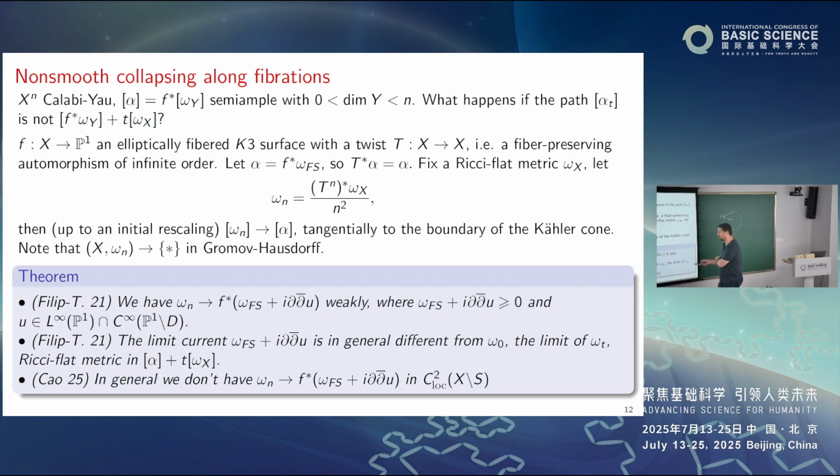So less than 2 for sure, but exactly how much we don't know. So already strange things happen even on K3 surfaces with the very friendly class alpha, which is just a pullback of Fubini's 2D from the elliptic fibration. Needless to say, there's a lot more one can try to understand even about this example.